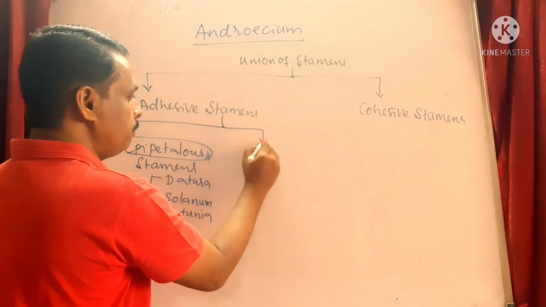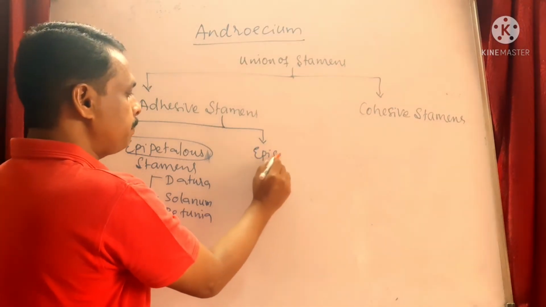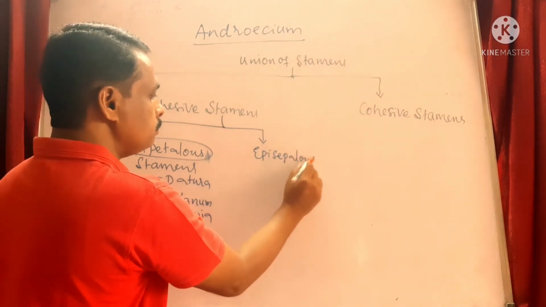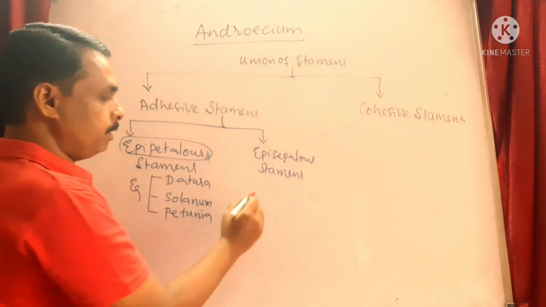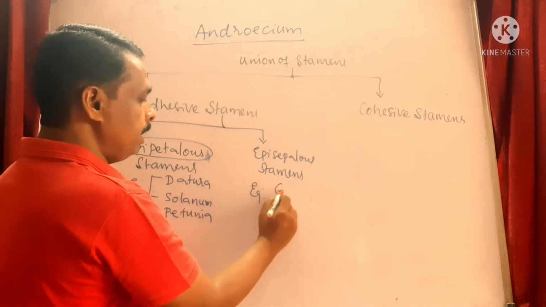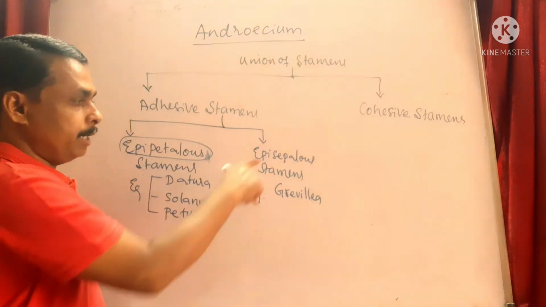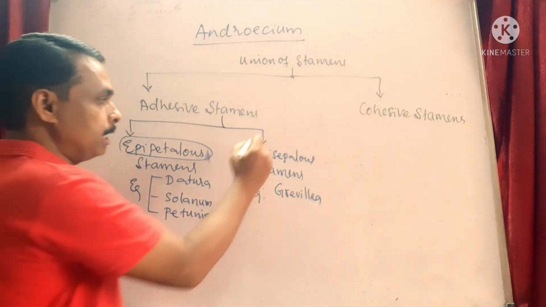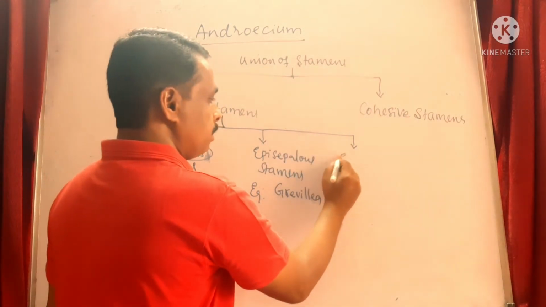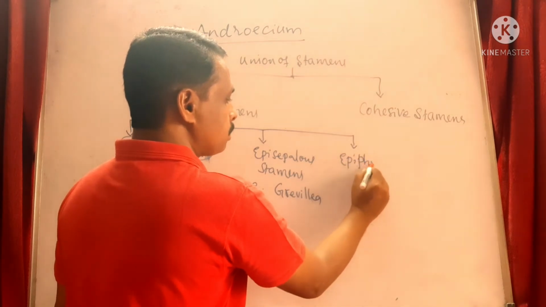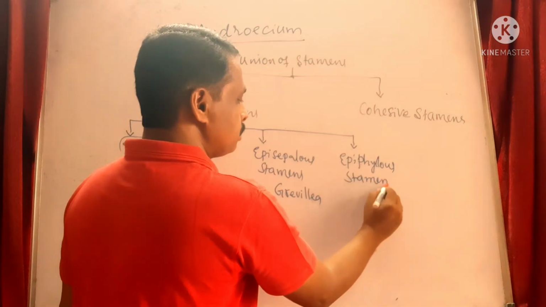The next one, second one, will be episepalous stamens. Example for this one is Grevillea. Then the next one is epiphyllous stamens.